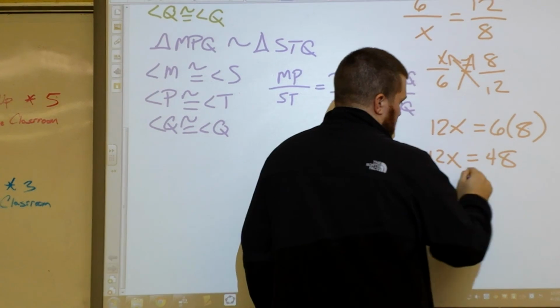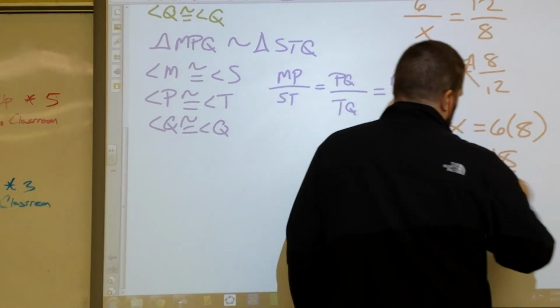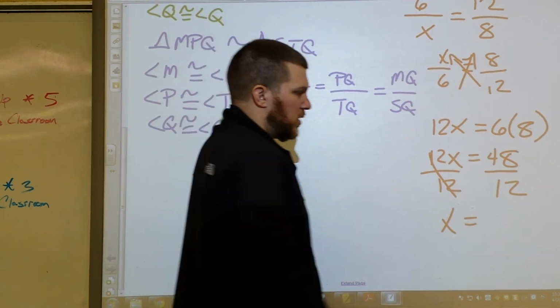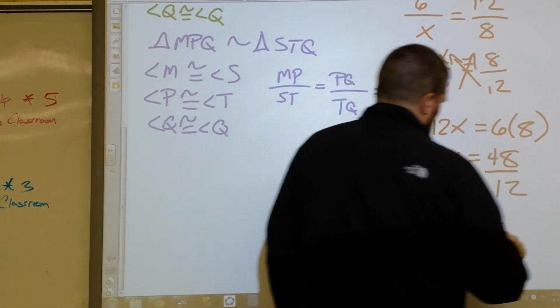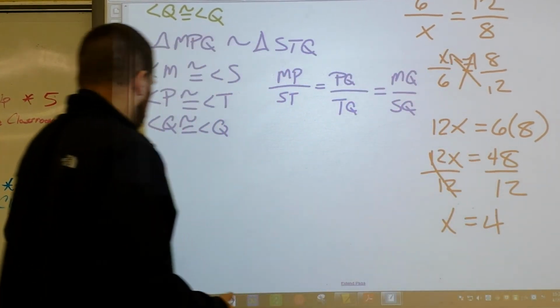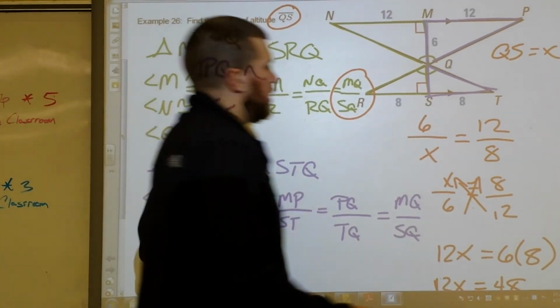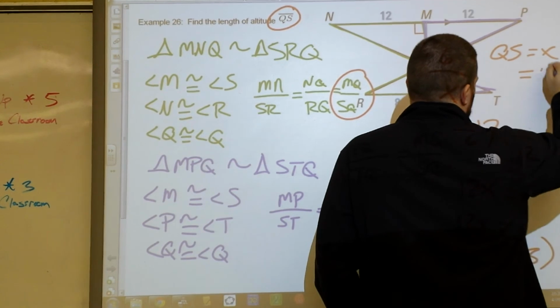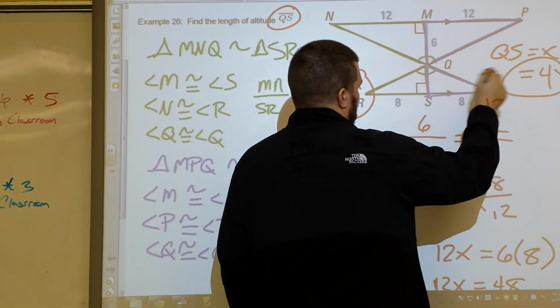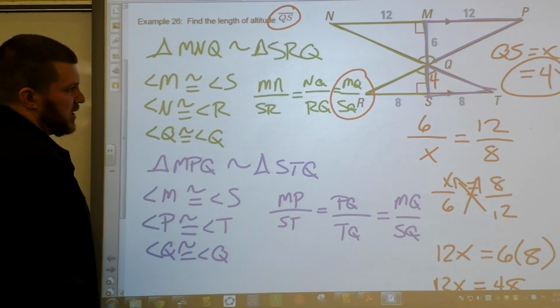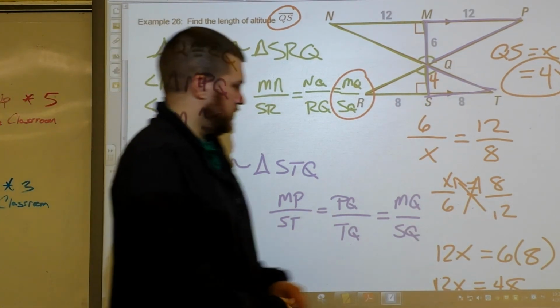And now I'm going to divide by 12 on both sides. So x equals 48 divided by 12, which should be 4. You can always double check that on your own. But remember, I made a rule that said x is QS. So QS is 4. That was what I was asked to find, so I'm done with this problem.